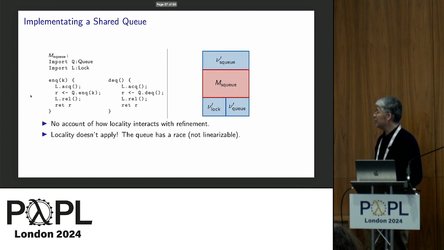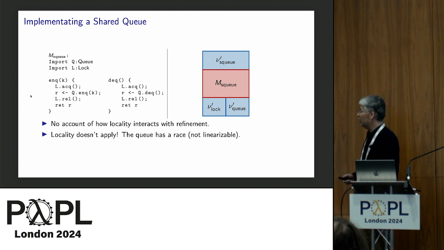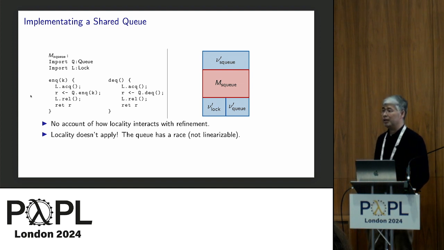But this immediately fails even for a simple example like a shared queue. So this is a piece of code where I have a sequential queue, right? And I have a lock. And the way people teach you how to do concurrency, you always acquire the lock, then call the sequential queue's enqueue, then you release the lock, then you return. So that's basically a concurrent shared queue, how it's typically implemented.